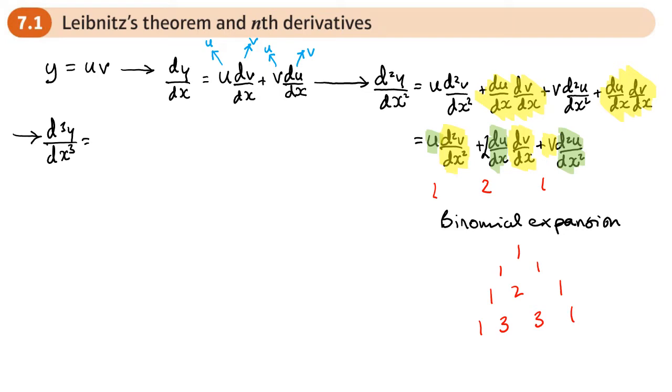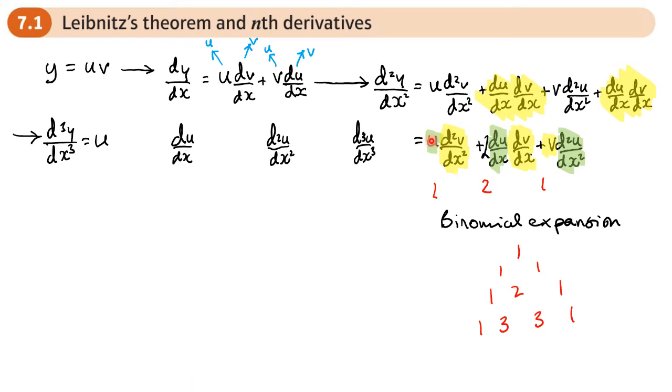We'll start with u. The first term is going to have u, the second term du/dx, the third term d squared u over dx squared, and the fourth term d cubed u over dx cubed.